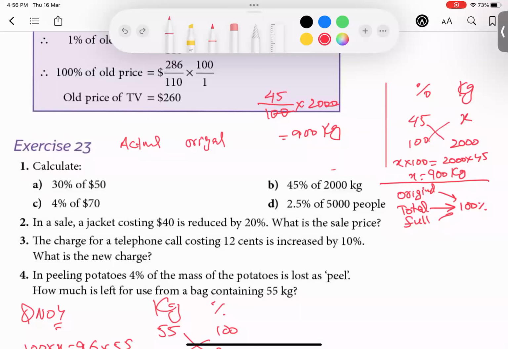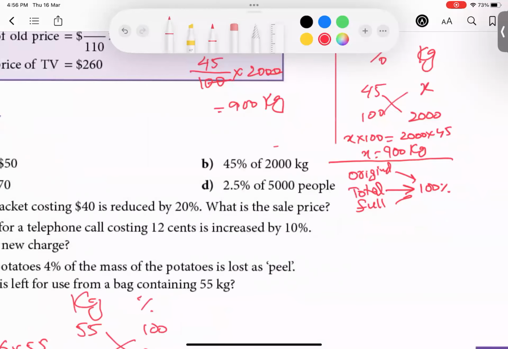So question number 2. In a sale, a jacket costing 40. Before I start, sale prices are coming and these things can create trouble for you, so let me tell you some important things. Ready? Whenever cost price comes, number 1, we always deal with it as 100%.